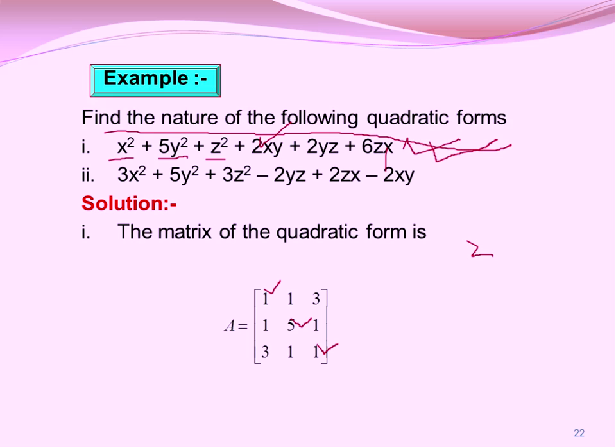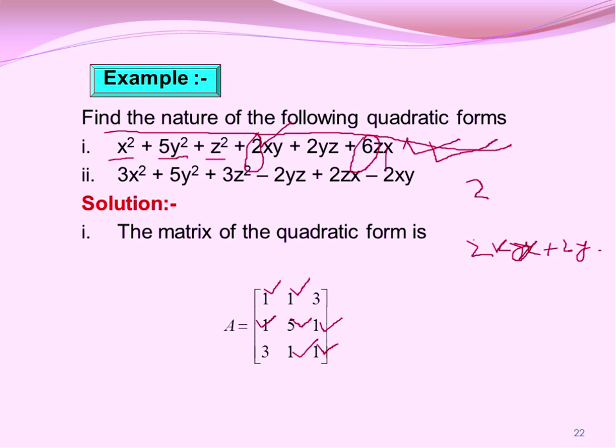Then we move to xy, yz, zx. Our standard form is 2xy, 2yz, 2zx, so the 2 is already present here and the coefficient of xy is 1. That's why I write 1 here and 1 here.